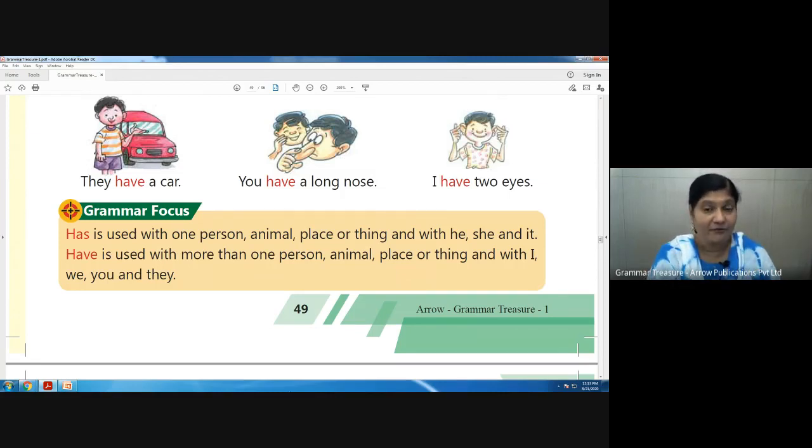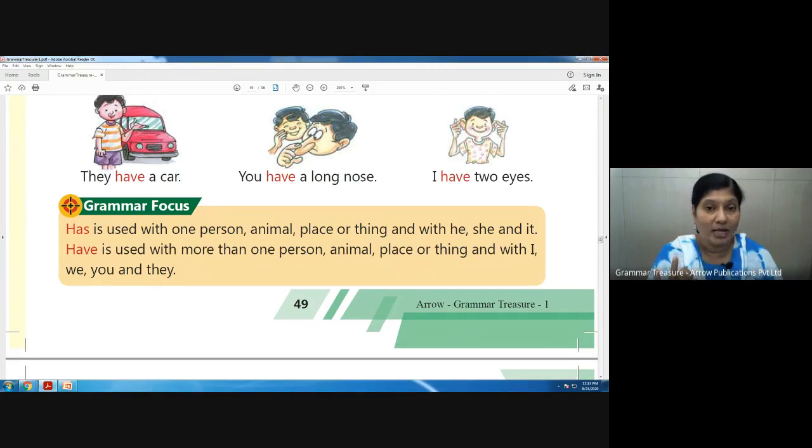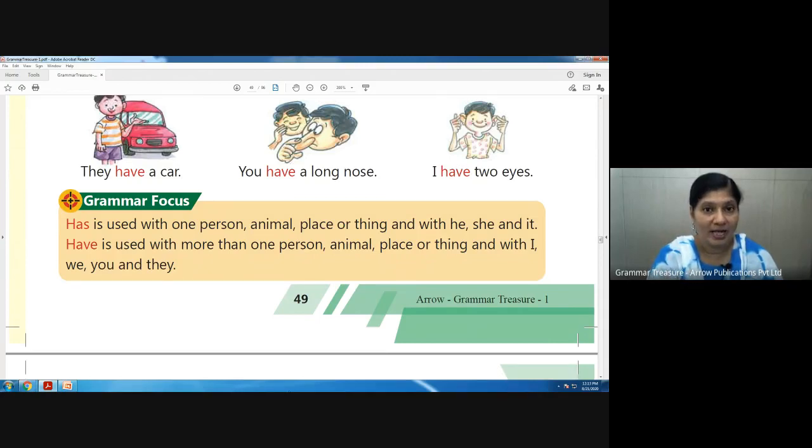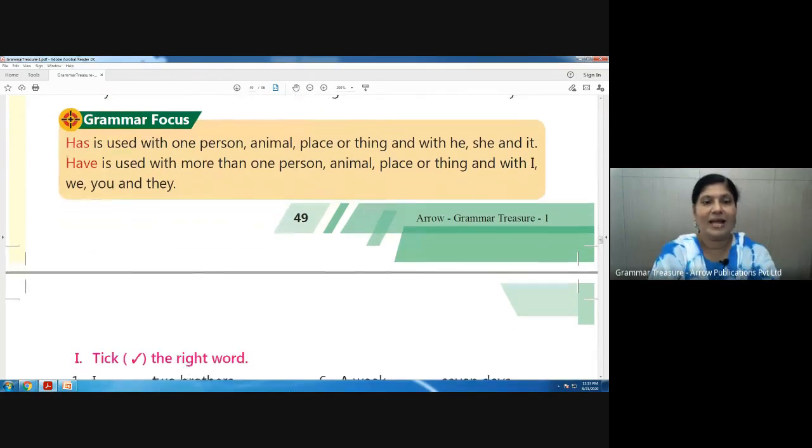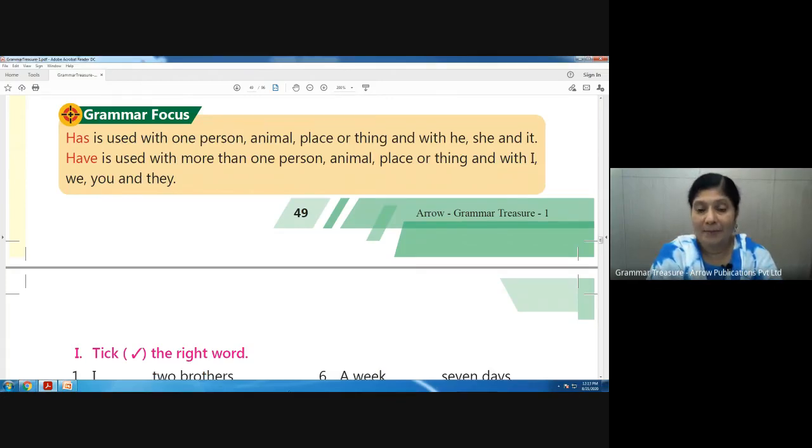We use have with I, we, you, they. Now repeat after me. I, we, you, and they. We use have. He, she, and it. We use has. Did you understand, children? Now let's look at the grammar point. Has is used with one person, animal, place, or thing, and with he, she, and it.